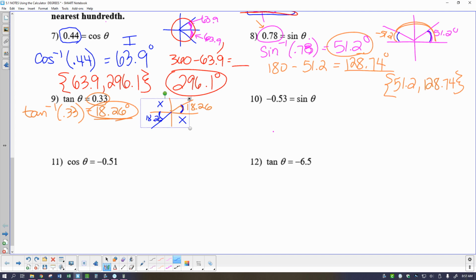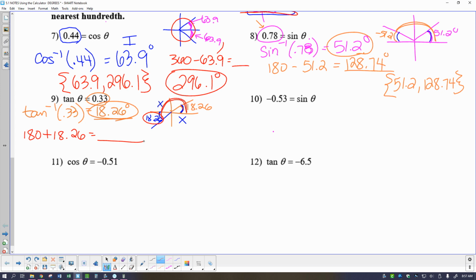But how do I get that angle measure? Keeping in mind, I want the angle measure that starts at 0 and goes all the way and stops there. So if I look at just this part here, that's 180. So if I add the 18.26, that should land me in the third quadrant.